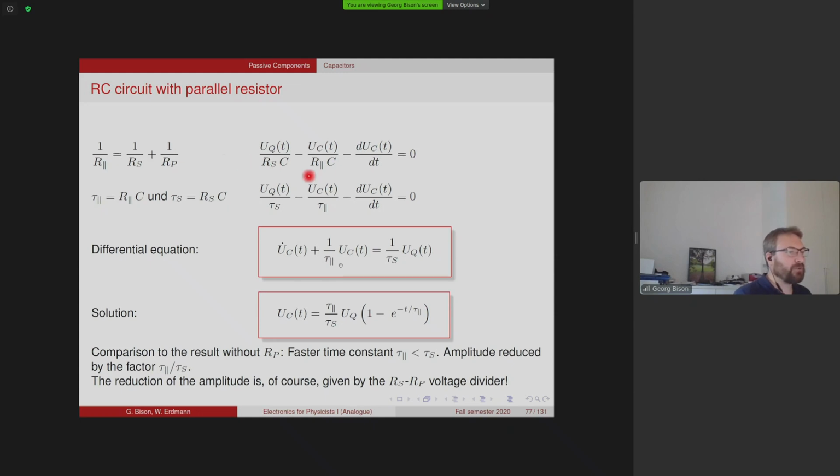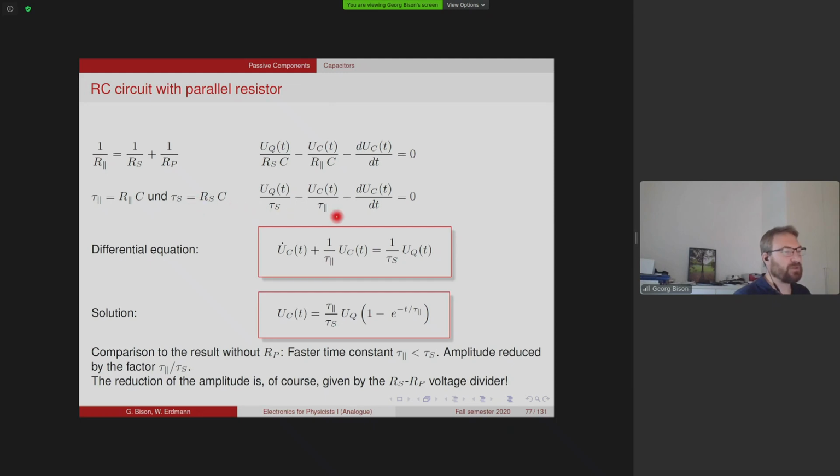And then we can further simplify the differential equation. We can define a tau parallel, which is simply the time constant computed using this parallel resistor. And the tau serial, which is the normal time constant as we had it before, simply using the series resistor.